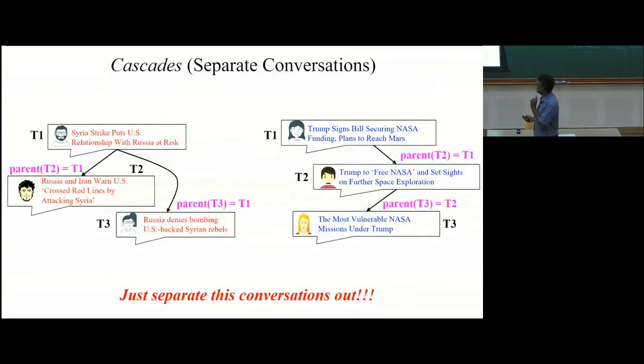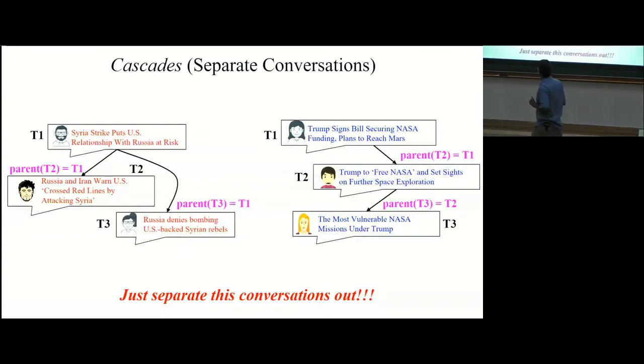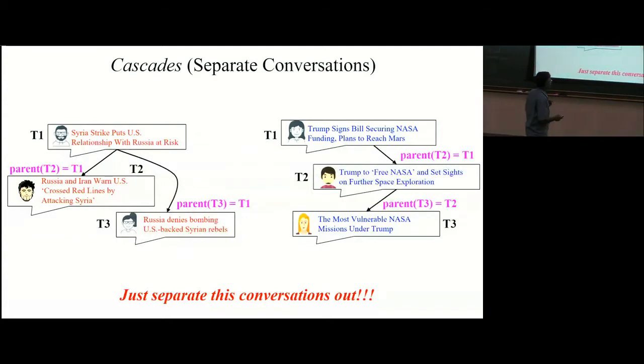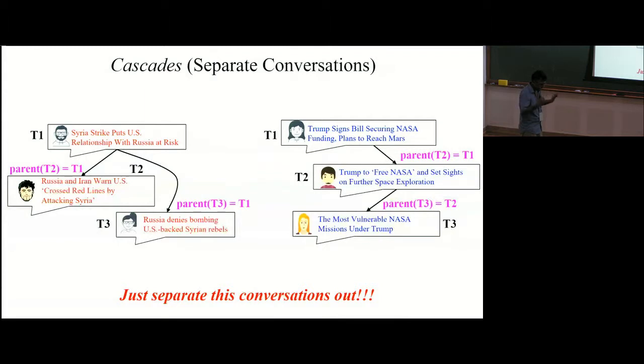What decides the parent? This is what the model will infer. If I have a particular tweet, it's possible, and we'll come to it in the model, that you generated the tweet out of your own interest. That's one possibility, so nobody influenced you. It's also possible that if I am always influenced by you, I'm almost always just repeating what you are saying, and then my tweet's parent will be the corresponding tweet that you made.